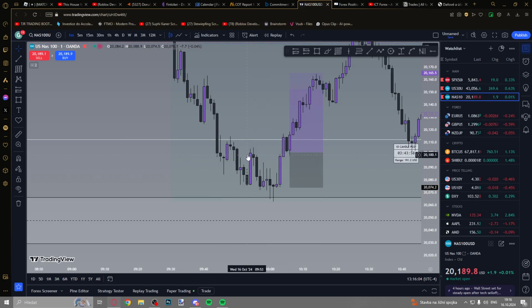Then we also have the breaker block, this candle, and yeah. After that, what do we expect?